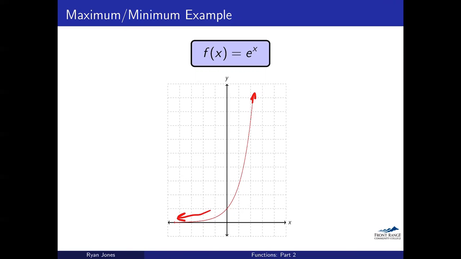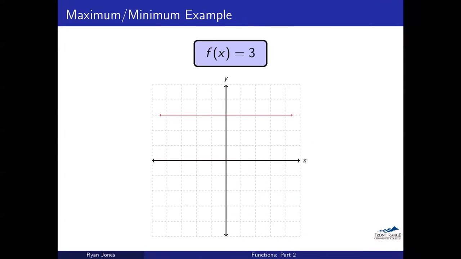You're never actually going to touch the wall. You're just going to get closer and closer to it, and you'll never stop moving. You're always moving halfway closer, but you never actually touch it. And that's what's going on here. So we don't actually have an absolute minimum in this case. Right here, again, for this constant function, we would just say the maximum and the minimum are both 3.